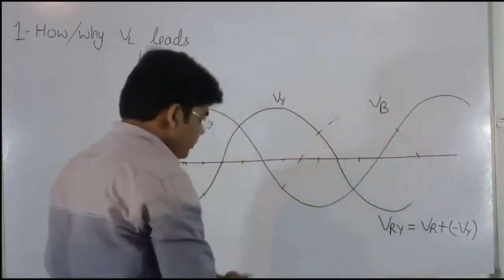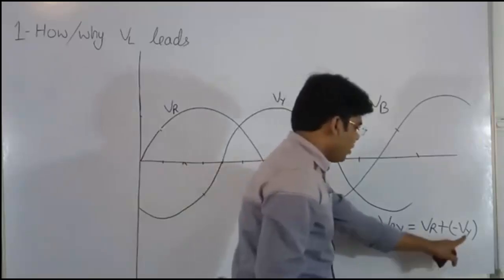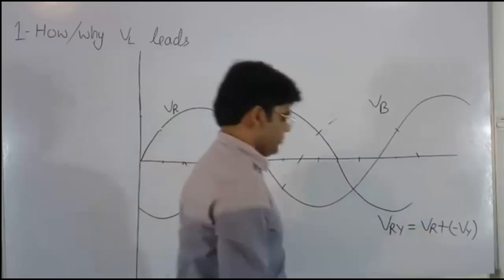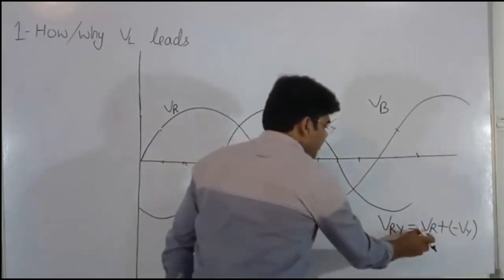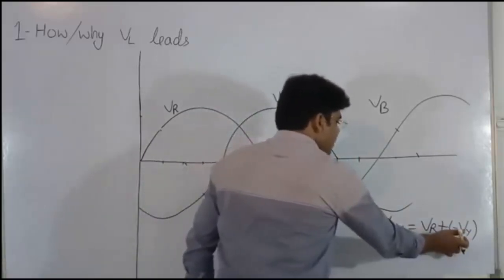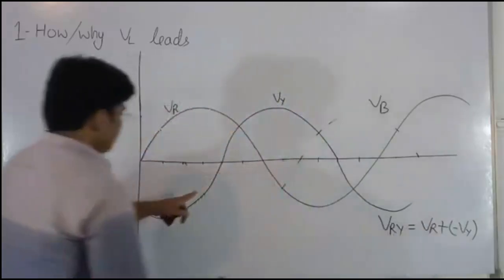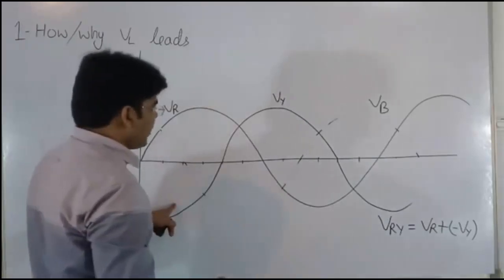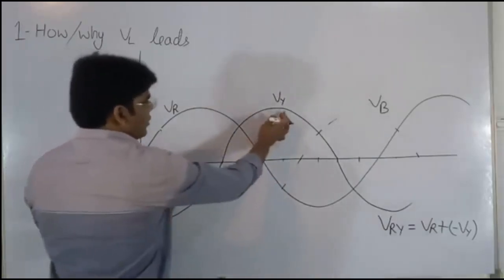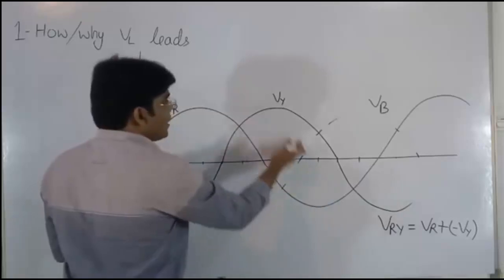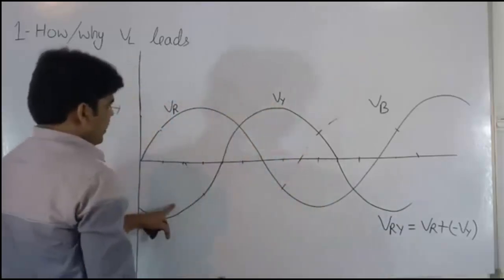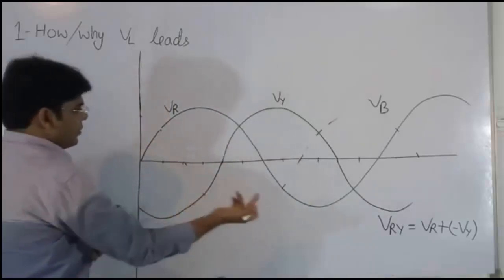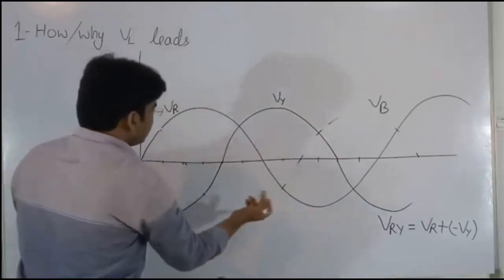Now, VR minus VY or VR plus minus of VY. So, we will add VR and minus VY. We know VY, that is plus VY. We do not know minus VY, but from this we know that minus VY will be opposite to plus VY. So, from this waveform we can get minus VY.